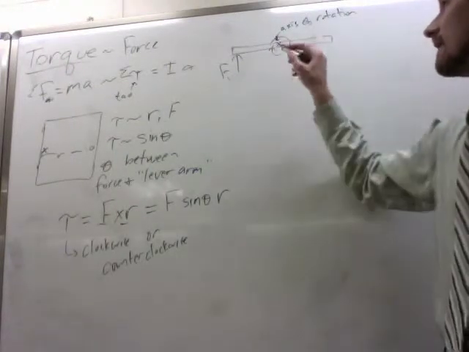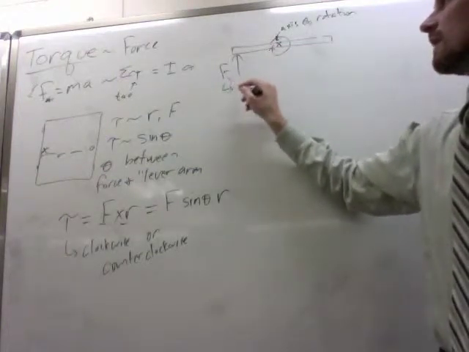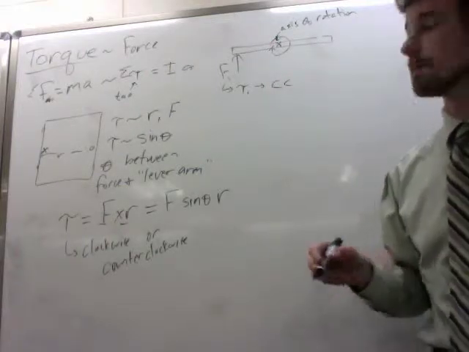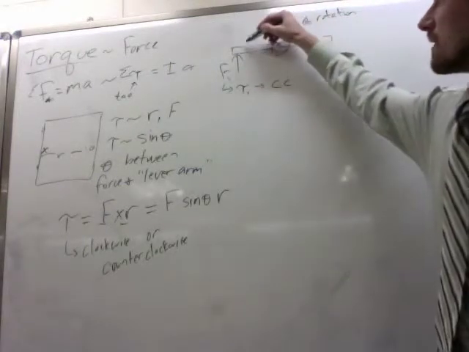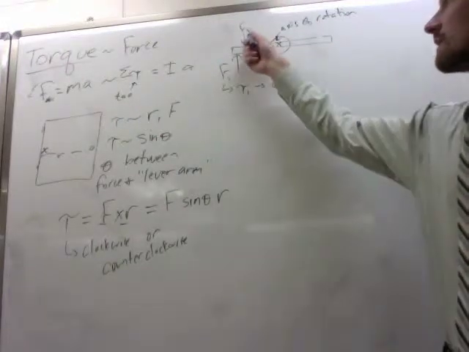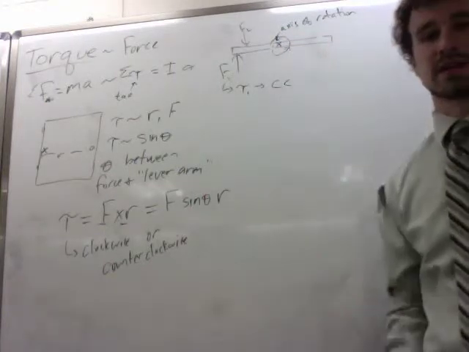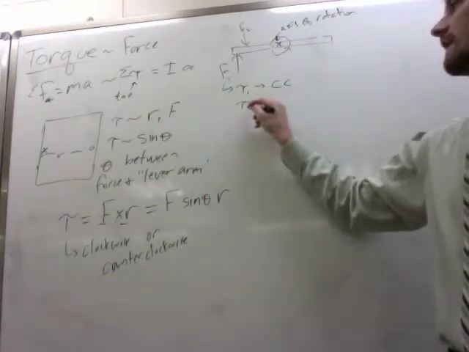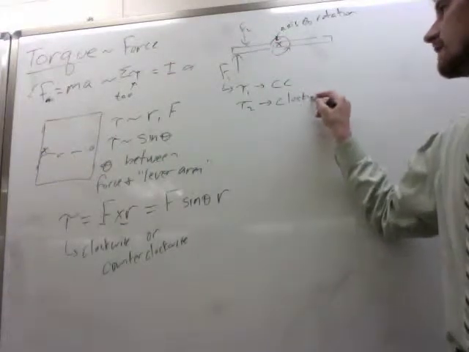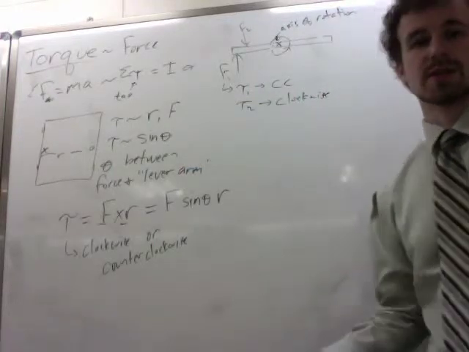And that way is, I always have to think about it, counterclockwise. So force 1 causes a torque in the counterclockwise direction. If I apply a force over here, say force 2, that will cause the rod to spin in the other direction. That direction is clockwise, so that second torque is in the clockwise direction. So you can see the torques can be in different directions.